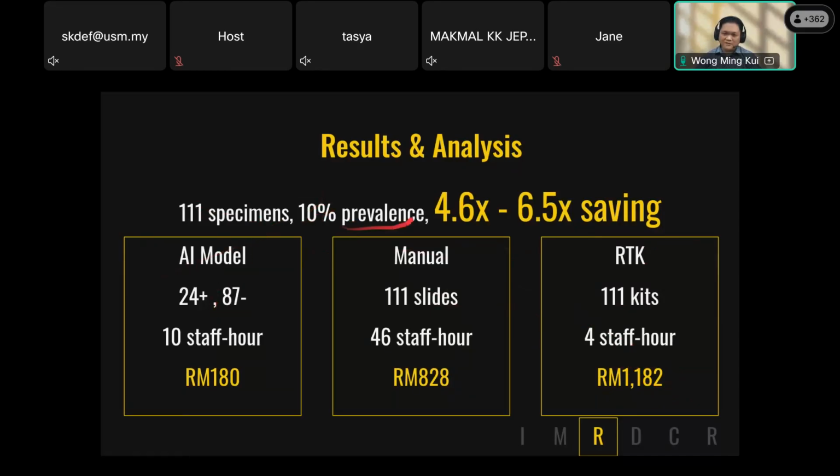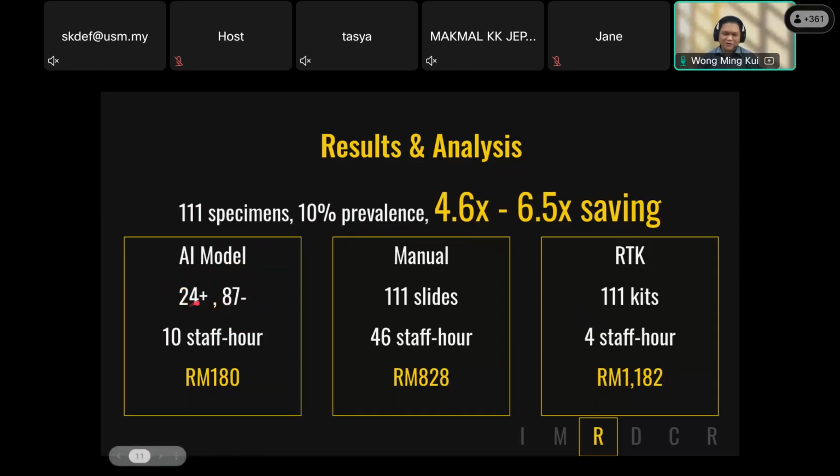On the other hand, if we use the AI model, with 10% prevalence and the level of accuracy of my model, it will probably detect 24 positive and 87 negative. These 87 are true negatives, because we have 0 false negatives. And among the 24 positives, there are false positives inside.